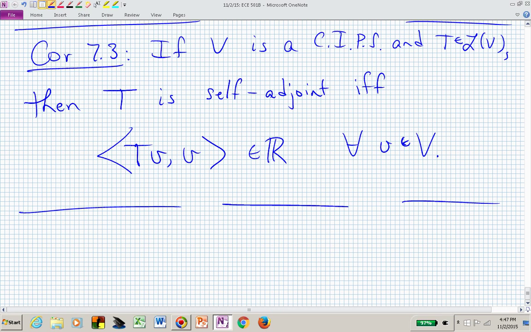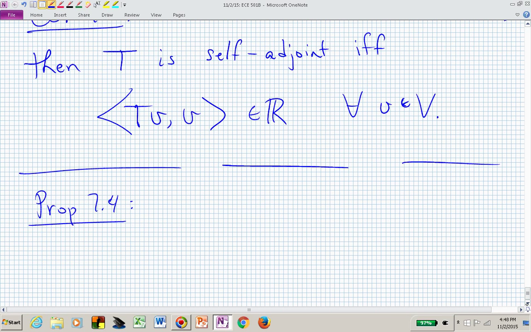So now if you're computing something and you know that T is self-adjoint and you make a computation of the inner product and it comes out to be a complex number, then you know that you've maybe made an algebra mistake or some kind of computational mistake. Proposition 7.4.